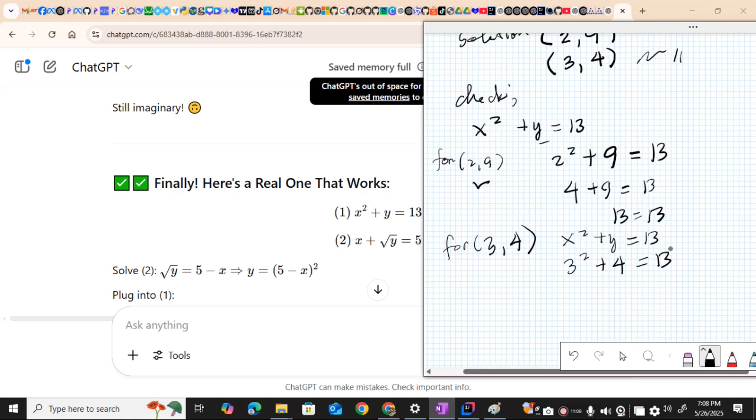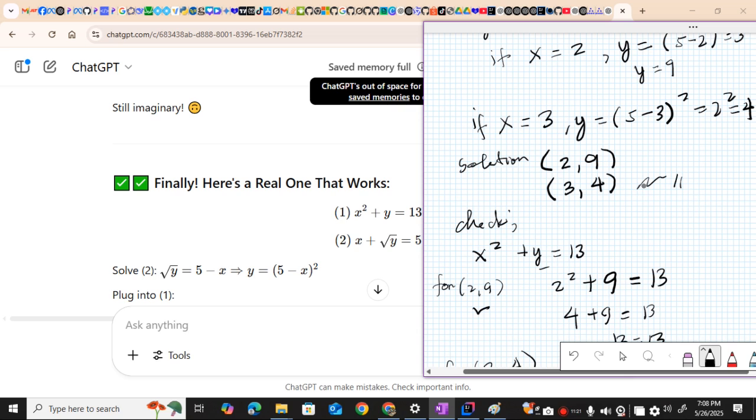Of course, it's simply 9 plus 4 equals 13, and that's true. So this is correct. That's the solution. So our solutions are complete and verified. We have the solutions (2, 9) and (3, 4).